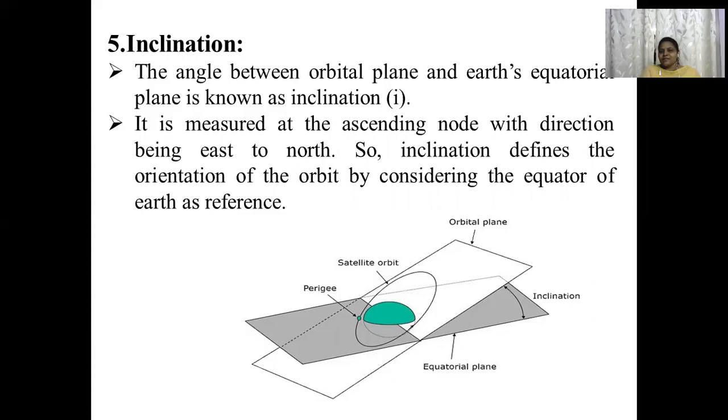Inclination defines the orientation of the orbit by considering the equator of the Earth as reference. So this element gives the orientation of the orbit. What is inclination? It is the angle between the orbital plane and the equatorial plane.